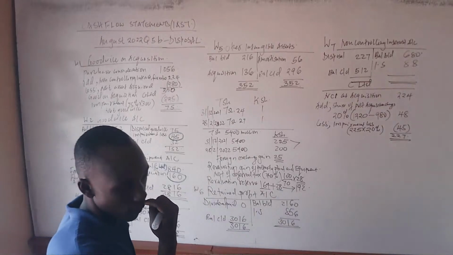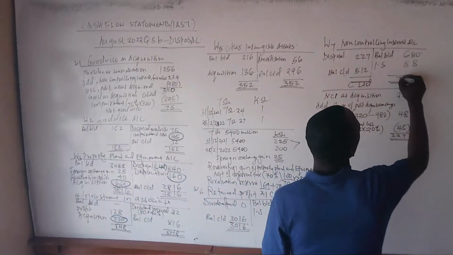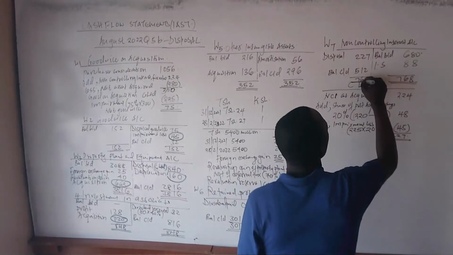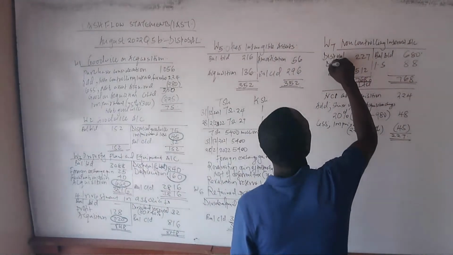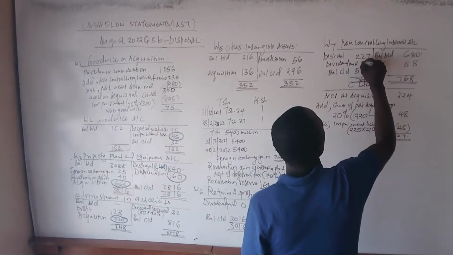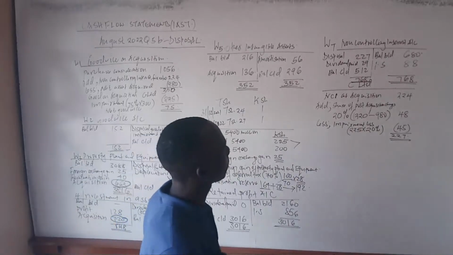So how much are you getting? Balancing figure is 768. And then 739. So do we have the dividend paid? 29. We have dividend paid of 29.